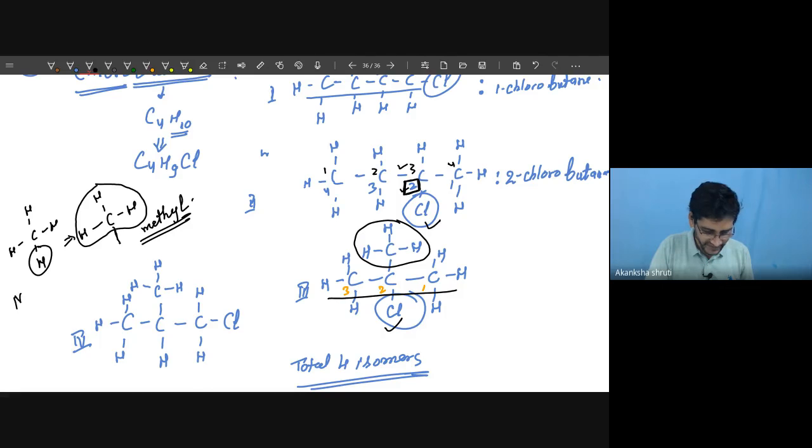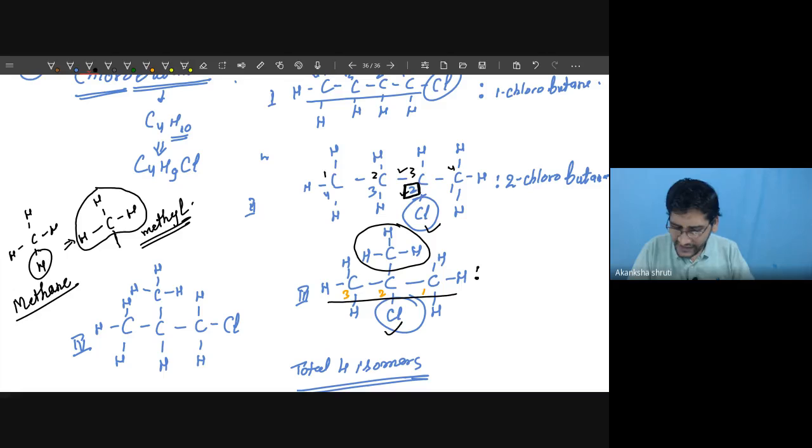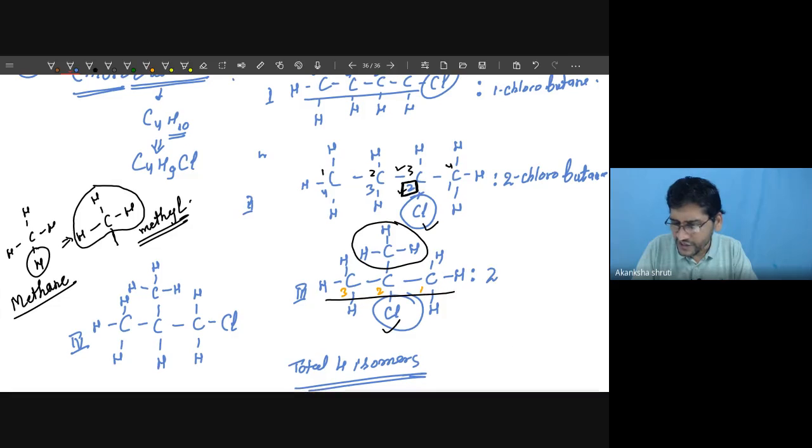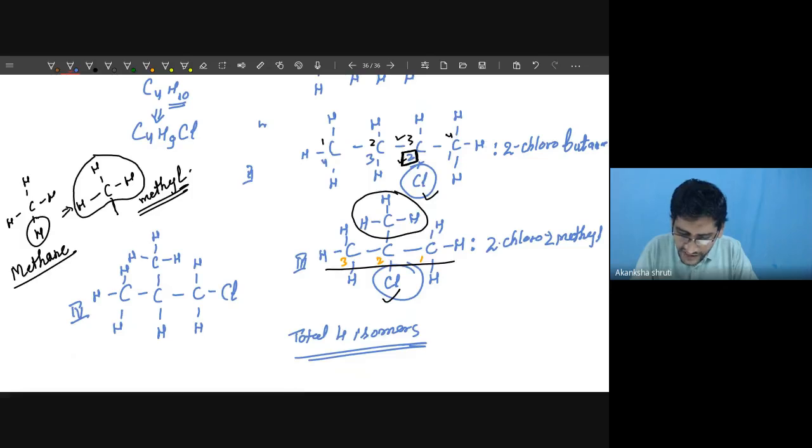Okay, this is our methane. This thing we have done earlier also. So the name is like this. At 2 position we are getting one of the chlorines, and also at the same position number 2 we have the methyl group. So it is written as 2-chloro-2-methyl, and the chain has how many carbons? 1, 2, 3. Propane.